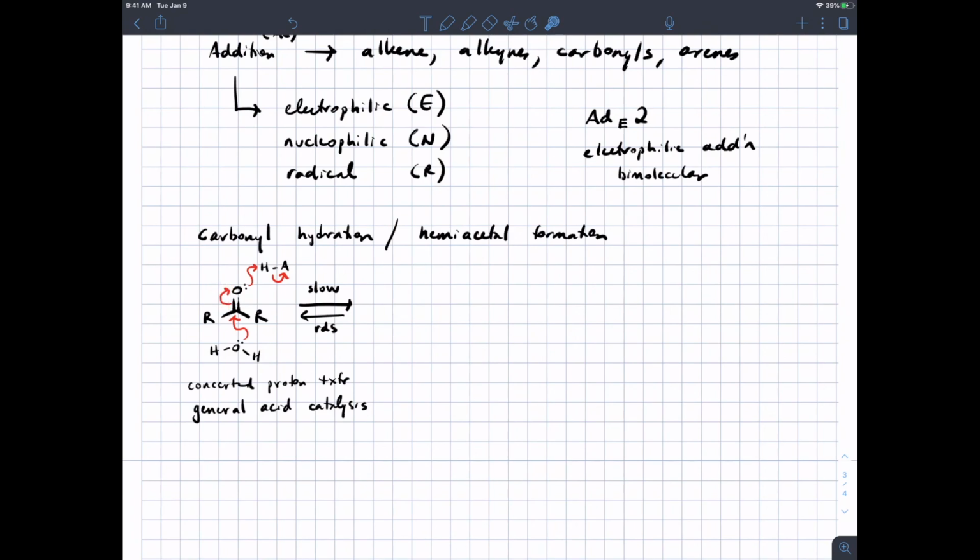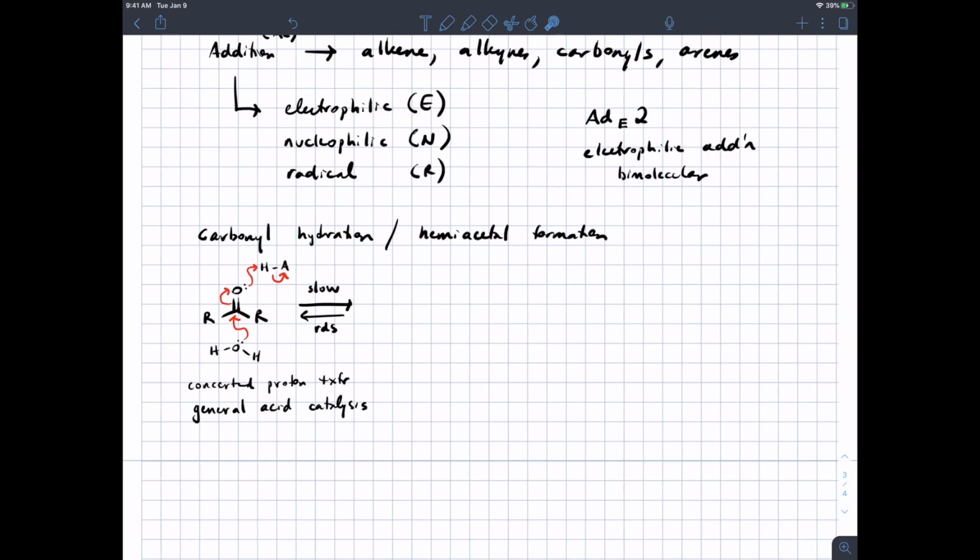And then in a lot of ways in the past, I've just moved this arrow directly to protonate the carbonyl oxygen. But your book is more technically correct. The electrons that are getting the proton are the high energy lone pair electrons on the carbonyl oxygen. So all of this takes place in the same step.